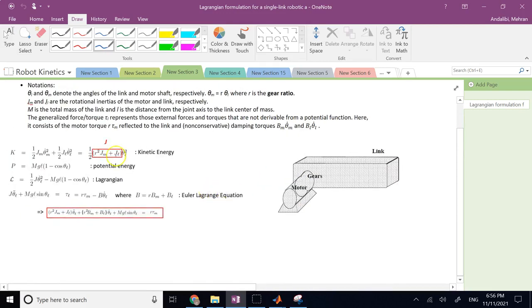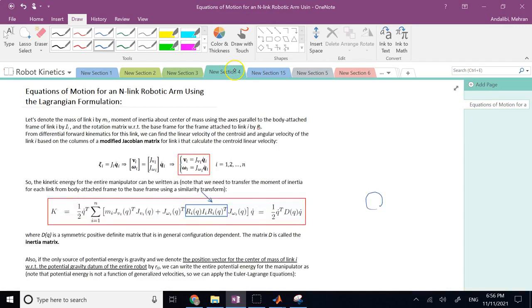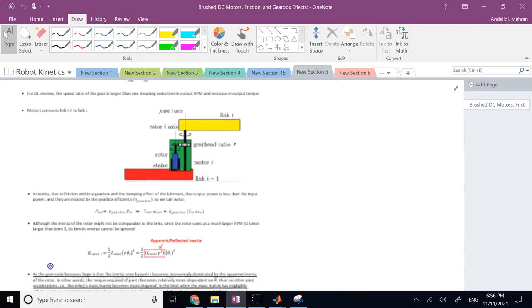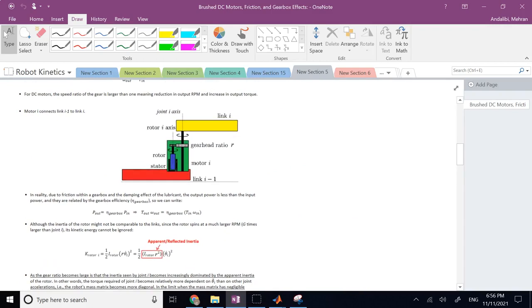What are they? One of them is the gearbox that comes with the motor. So there is this factor R that we have not discussed in this formulation yet. And the other one that we will see soon is the effect of the voltage and the internal dynamics of your DC motor, where you actually apply voltage as the input, not a torque.